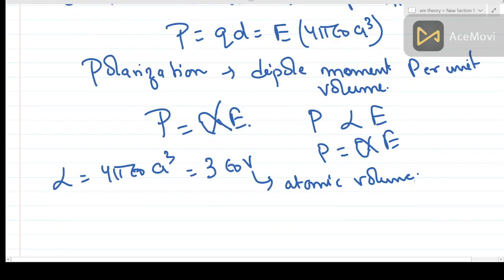This is the polarization. This is the definition of polarization. On the basis of this, we can describe the molecular phenomena also. So this is what I have told you. This is atomic polarization.